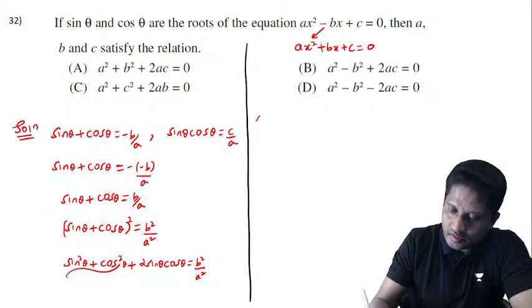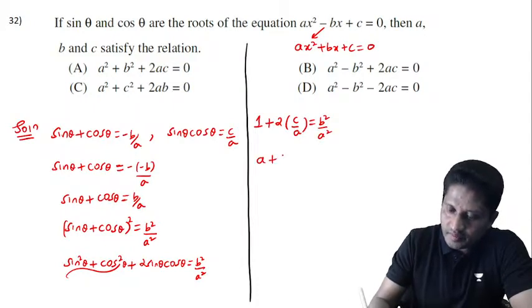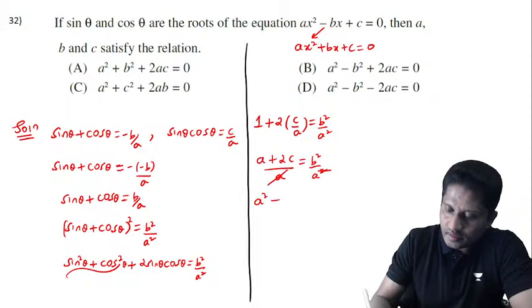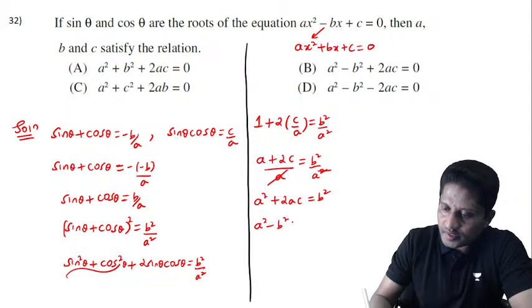So this is 1 plus 2 times c by a is equal to b square by a square. Now if I cross multiply, a square plus 2ac is equal to b square. I can write a square minus b square plus 2ac is equal to 0.